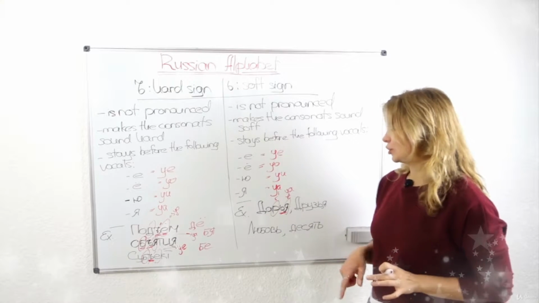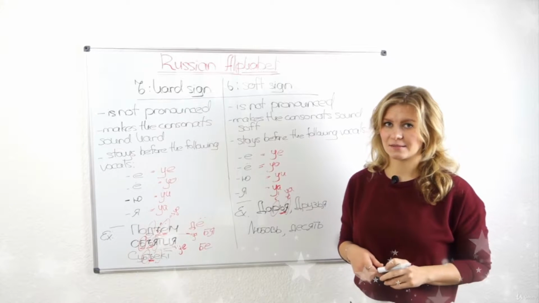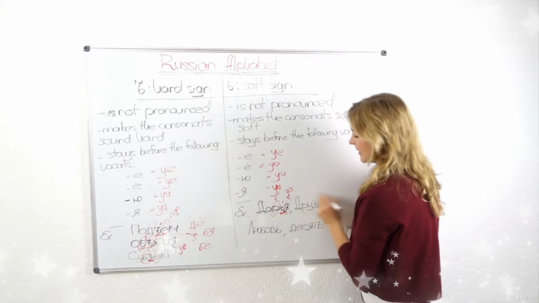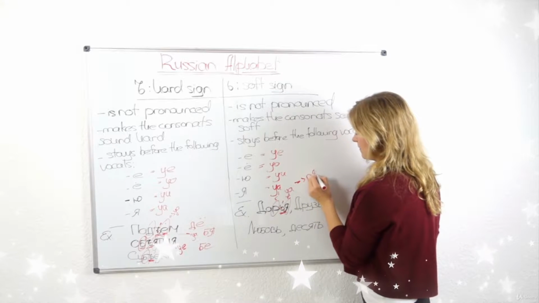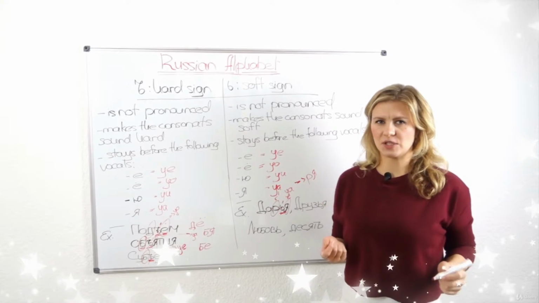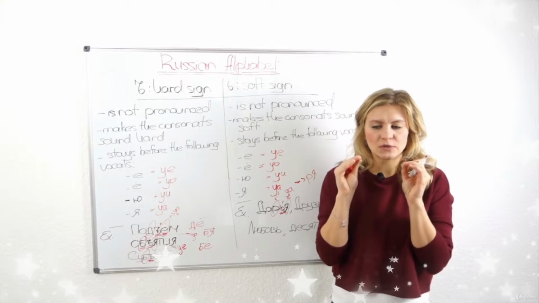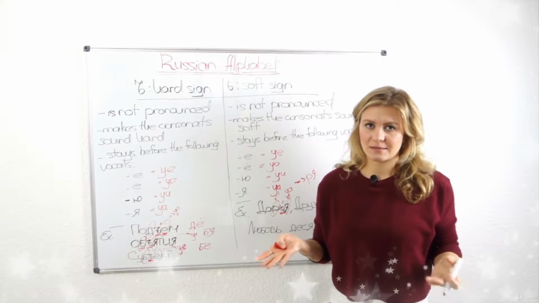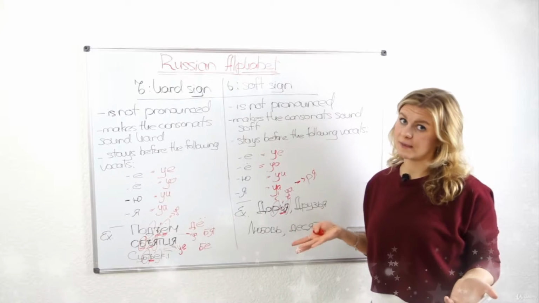Thereby we don't have Darya, we have Daria. Otherwise, if we wouldn't have this sign here, we would have Darya, but that's not the name and it sounds very strange. Thereby we use a soft sign to make some kind of small pause between these two letters. Thereby we have Daria.